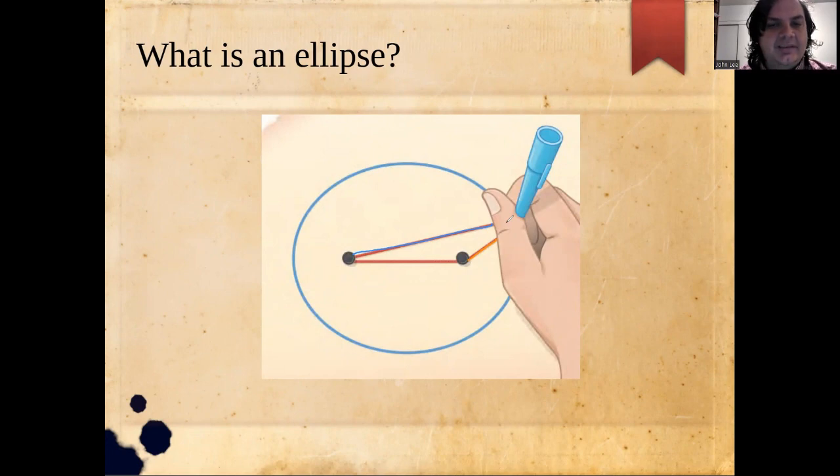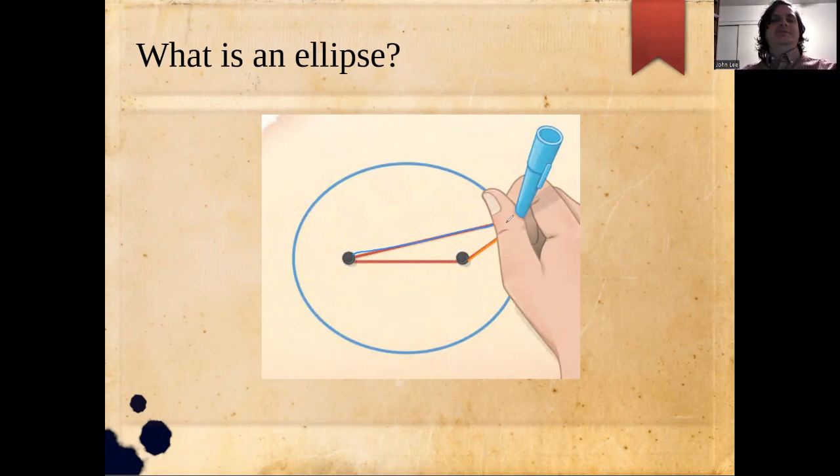The sum of those two distances is always going to be the same amount as you go around the ellipse, no matter what happens. You can see that by looking at the strings and seeing that the string is always going to have the same length, and there's always going to be the same total distance given by that length of string. So that is what he means when he's talking about elliptical orbits.